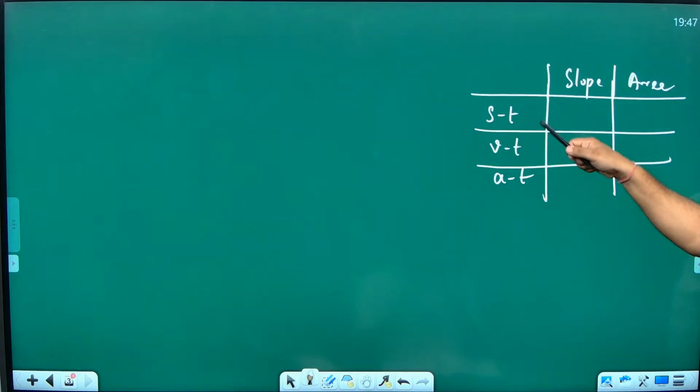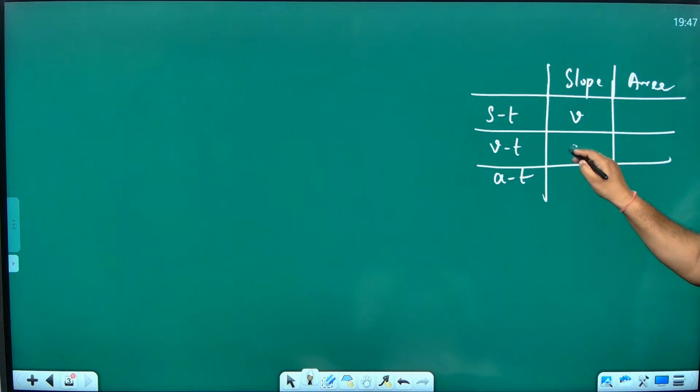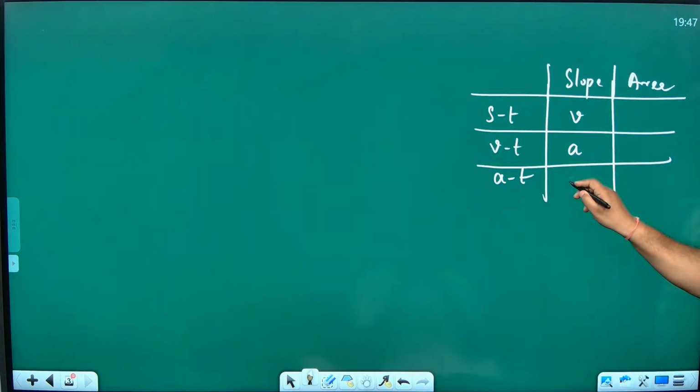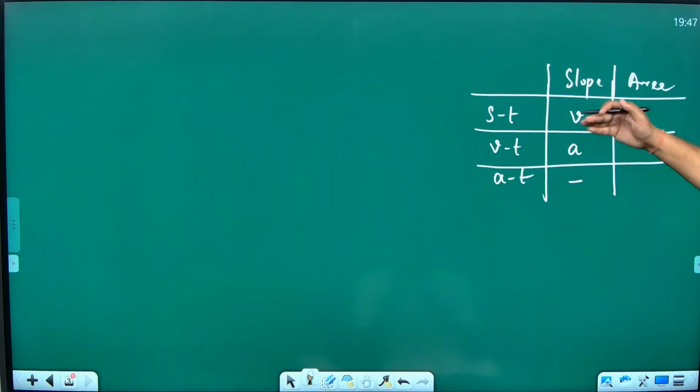Displacement time graph slope will give you velocity. Velocity time graph slope will give you acceleration. Acceleration time graph slope will give no information, for school, no information only. No jerk here. Okay. Area under AT graph gives velocity. Area under VT graph gives displacement. And area under ST graph gives no information.